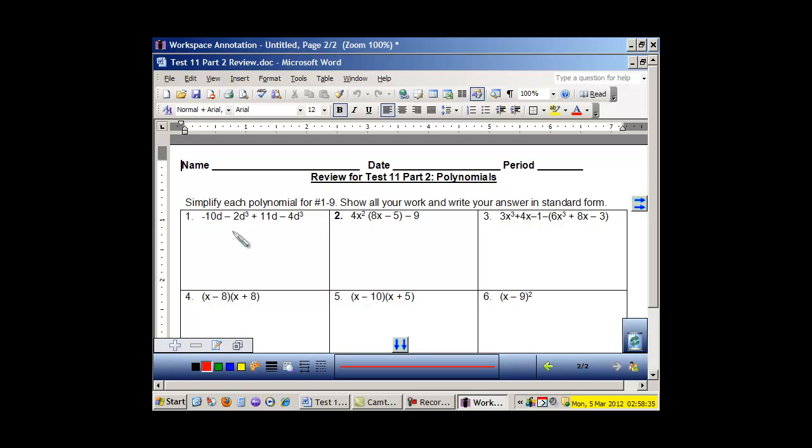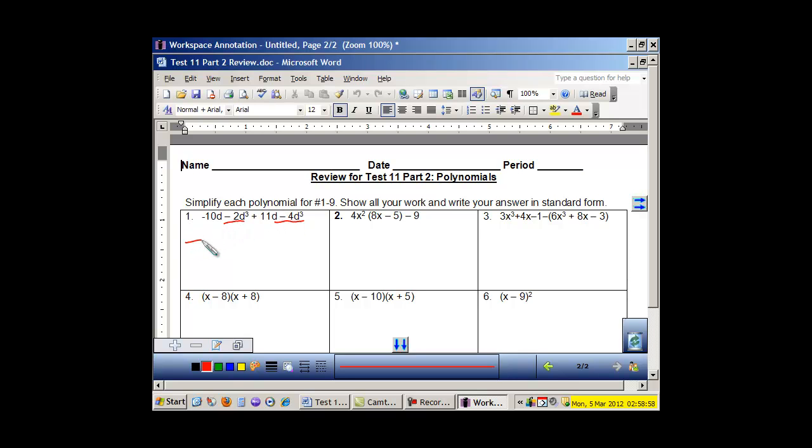So standard form means put your degree of exponents left to right from greater to small. So basically we're going to be combining like terms. So I have a negative 2d to the third, negative 4d to the third. Well, 4 and 2 is 6, same sign, combine, keep the sign.